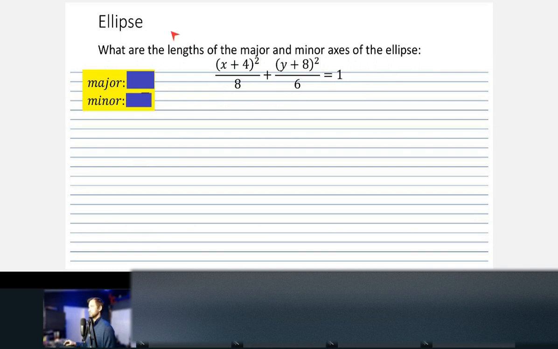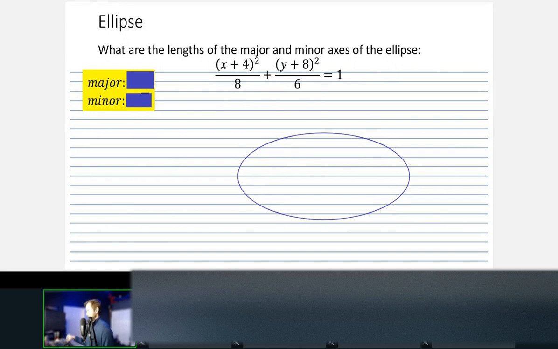Is this ellipse going to be vertical or horizontal? Brady says that pictures normally don't help you, but it's going to help you here. This one is going to be horizontal, and we know it's horizontal because this 8 is bigger than the 6, so it's bigger in the x direction.